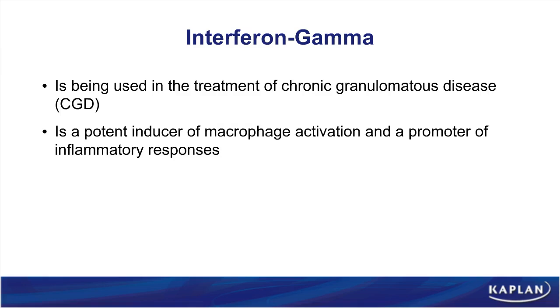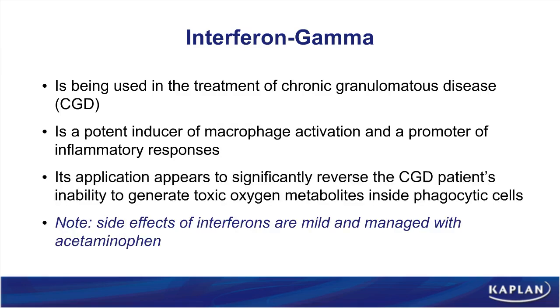And when we give patients with CGD interferon gamma, the macrophage can activate in such a way that it can sometimes compensate for the loss of the NADPH oxidase and the ability to generate those toxic oxygen radicals by upregulating everything else that the macrophage can do, like the reactive nitrogen species and the oxygen-independent molecules that can be helpful during these types of infections.